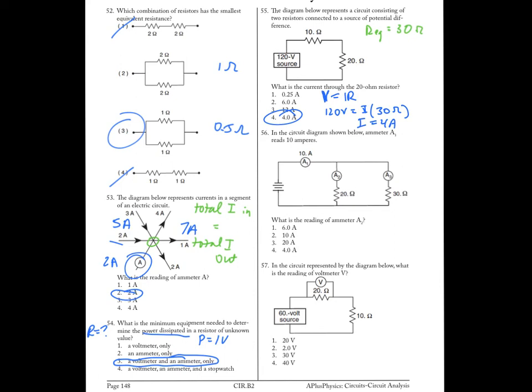Alright, number 56. In the circuit diagram shown below, ammeter A1 reads 10 amps. What is the reading of ammeter A2? Alright, so we got 10 amps as our total before the branches split it up. We're looking for the reading of ammeter A2. We don't got much here.